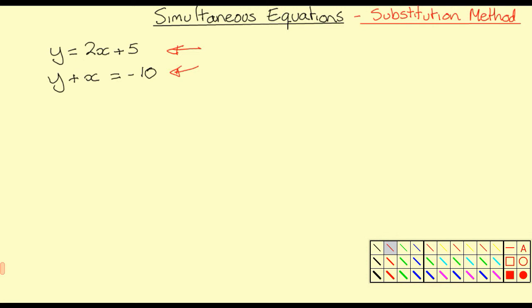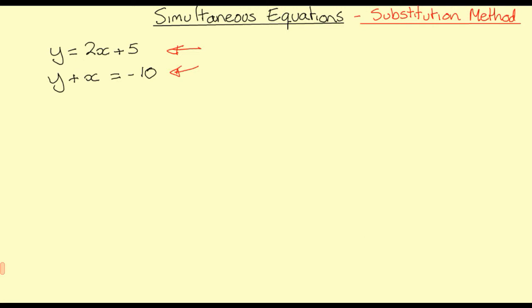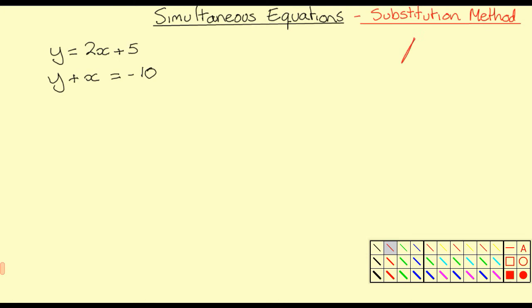Okay, so they look pretty nasty, but they're not. They're pretty straightforward once you've got used to it. So we're going to use the substitution method. Okay, and it's exactly what it says it is. You're substituting one thing for another.